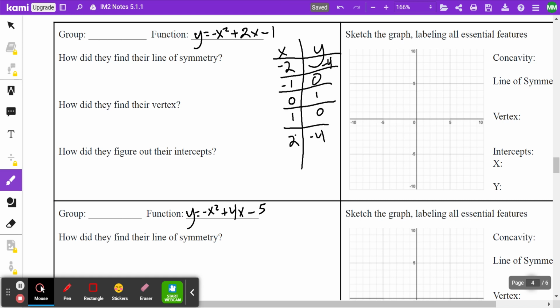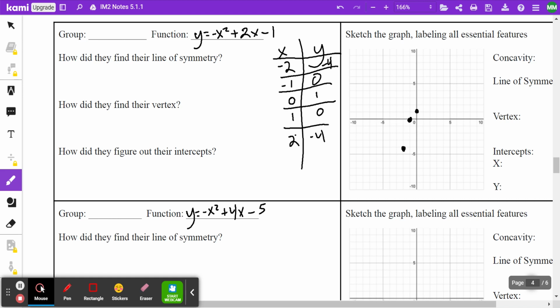I've got my shape. So -2, -4, -1, 0, 0, 1. What am I doing wrong? I've done some of these wrong. Let's see.